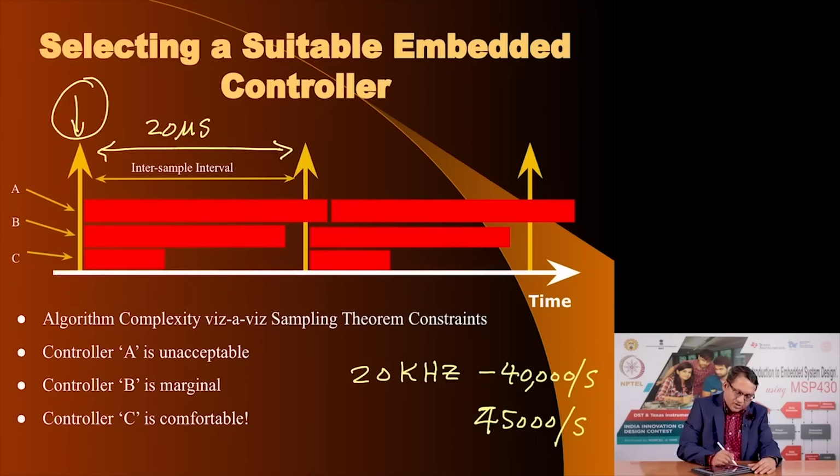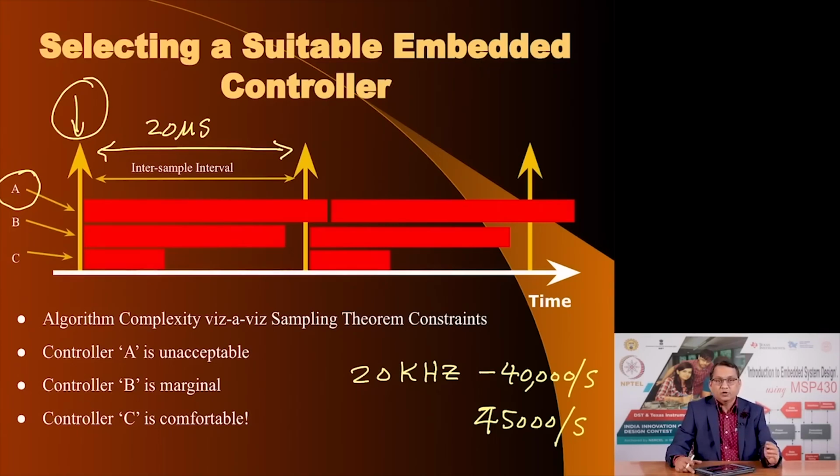Let us say we choose a microcontroller of type A. If the program that runs and processes this sample takes more than 20 microseconds to complete this task, it is not suitable for this application. How can we still make A usable in this situation?